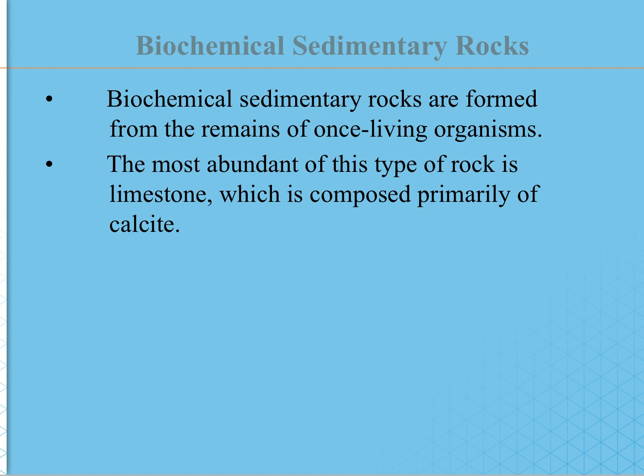And also carbonic acid can cause a dissolving, and we'll get into that when we talk later on about groundwater and karst topography. For right now, let's just remember that limestone is a great example for biochemical processes. You're having organisms that are contributing to the formation of limestone.